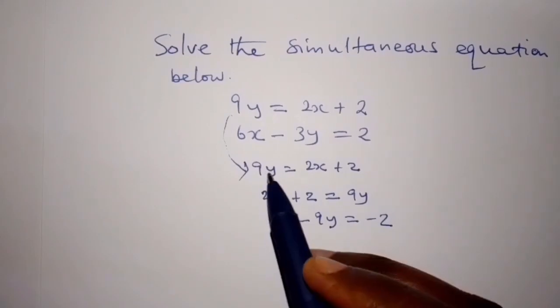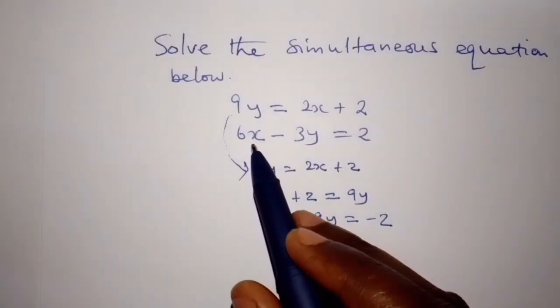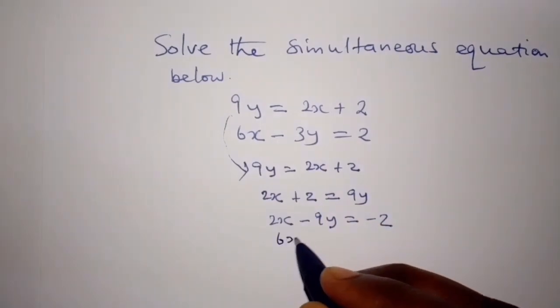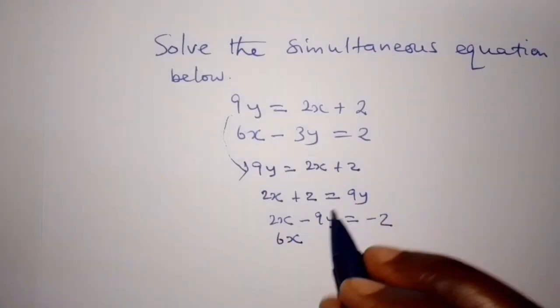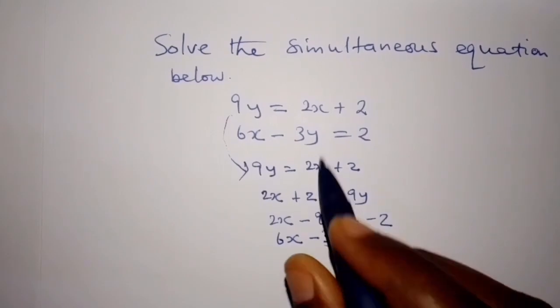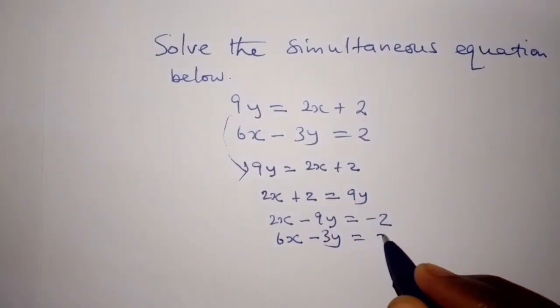Then now we bring 6x here. 6x minus 3y is equal to 2.